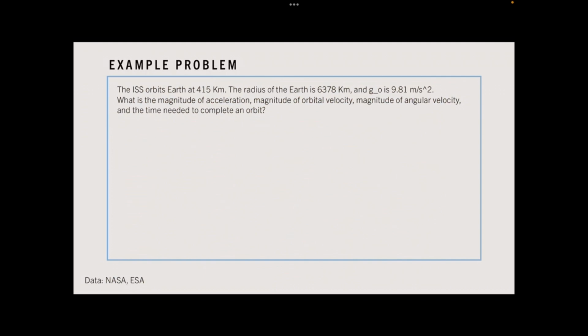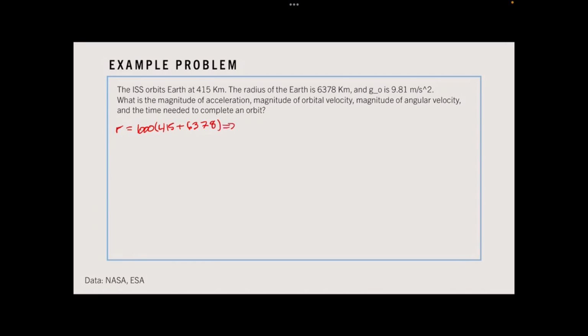First of all, I don't really like kilometers personally, so let's get this kilometer nonsense in terms of meters. So our orbital radius, I'm just going to call it r, is going to equal 1,000 times 415 plus 6378.